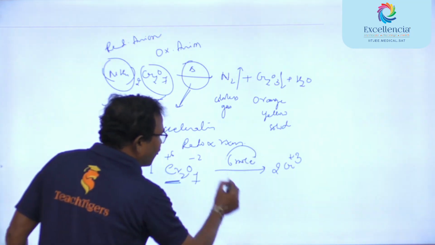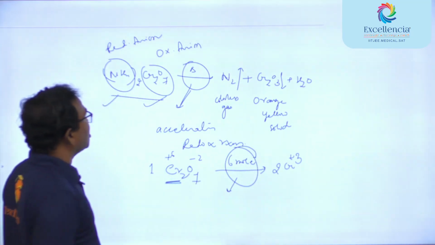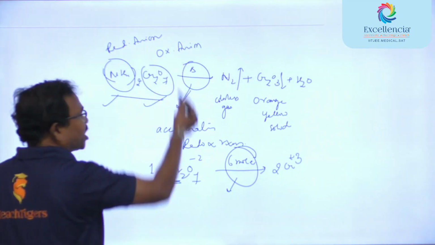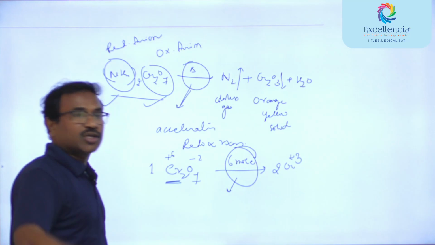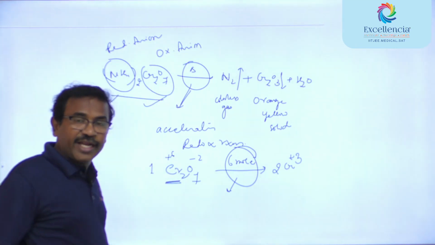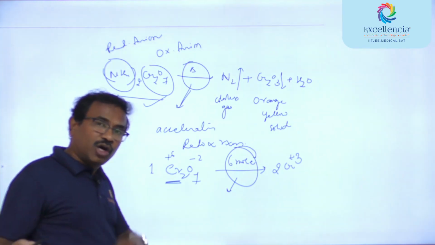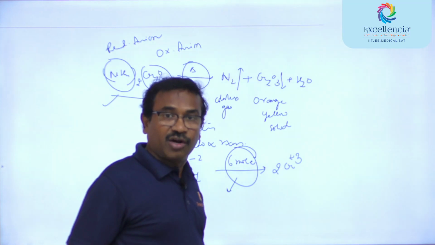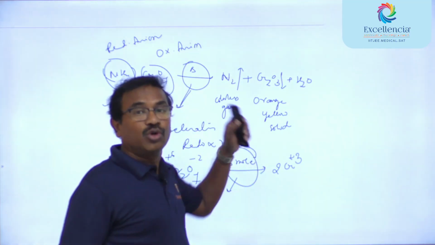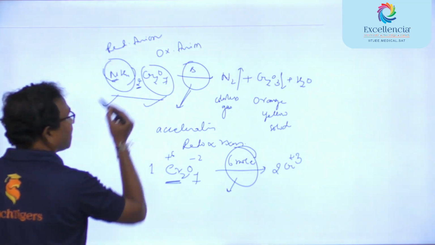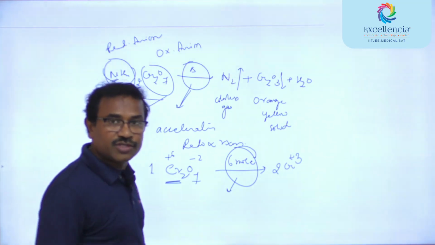And however, what is the source of these 6 moles of electrons? Definitely ammonium. And ammonium being a reducing cation, it has to lose electrons to dichromate. So how many does it have to lose? Definitely in a redox reaction, electrons lost should be equal to electrons gained. If dichromate is gaining 6 electrons, ammonium has to lose 6 electrons, implies there are 2 nitrogens here. Each has to lose 3 electrons.